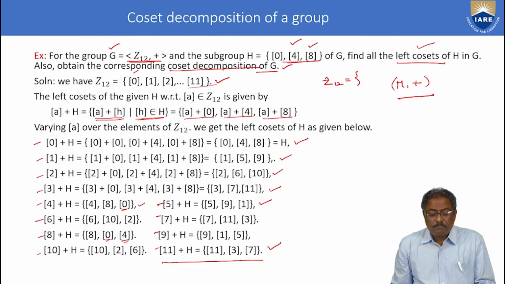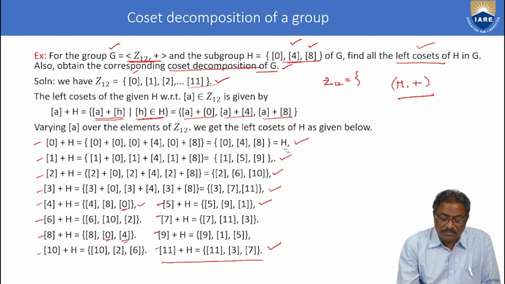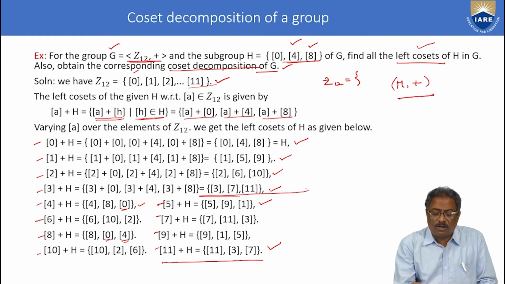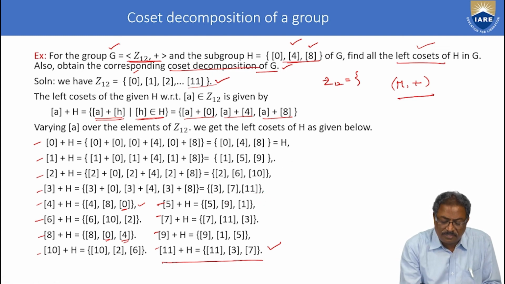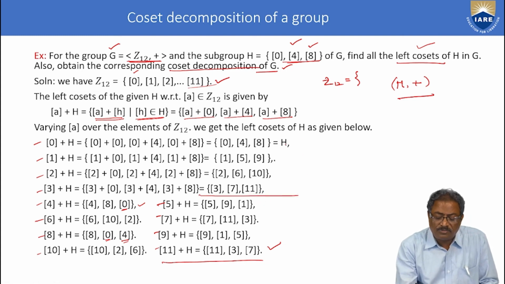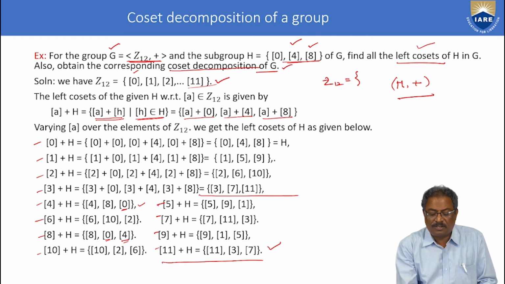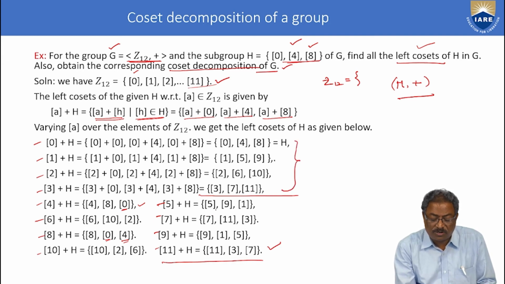See here, these first four are disjoint. Whatever sets we are going to get, one is 0 4 8, one is 1 5 9, one is 2 6 10, and another one is 3 7 11. So these are the disjoint ones. And now observe that the next one is 5 9 1, which is equal to this.